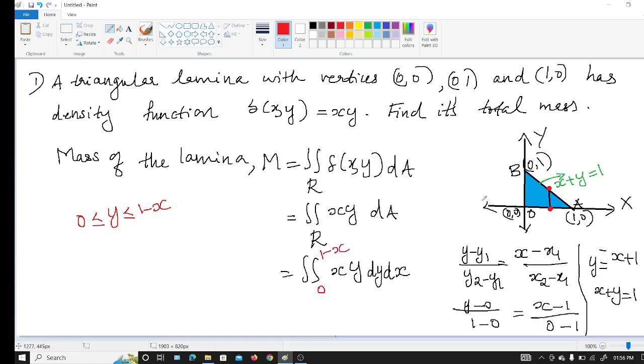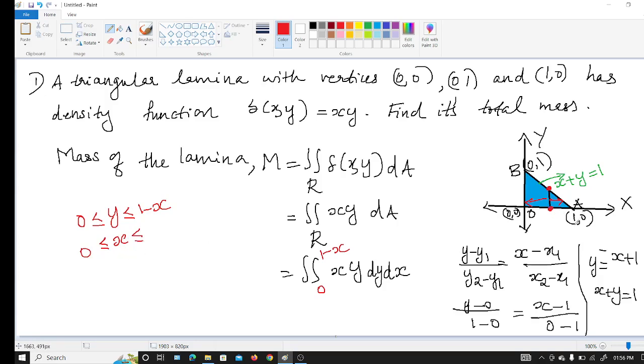Similarly, you can find the lower and upper limits of x. Now you can slowly move this line to the left side. That line can move only up to our y-axis, and the equation of the y-axis is x equals 0. So the lower limit of x is 0. Now you move this line to the right side.